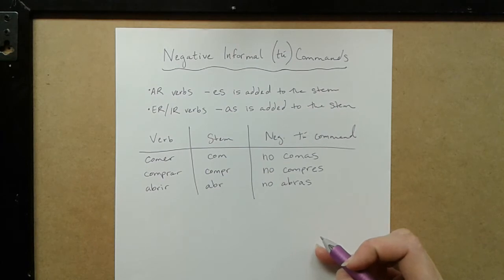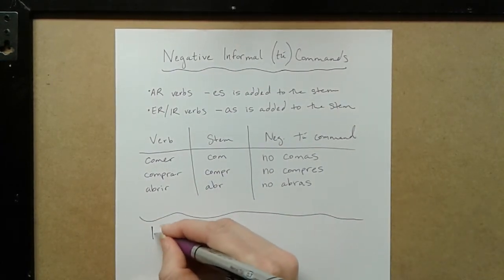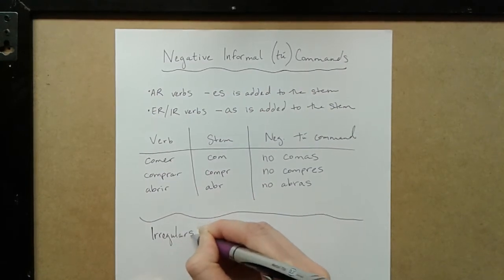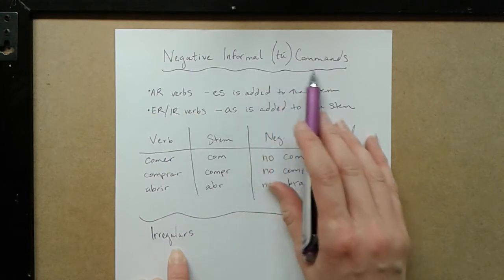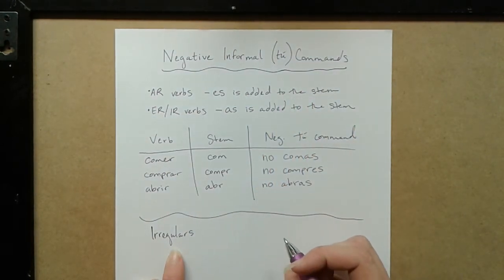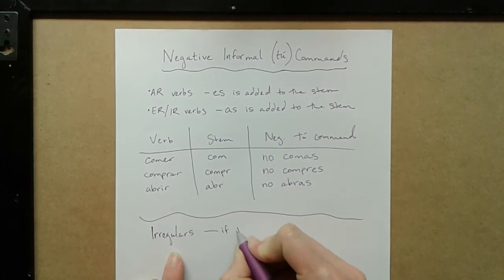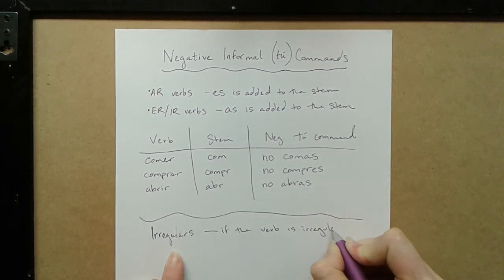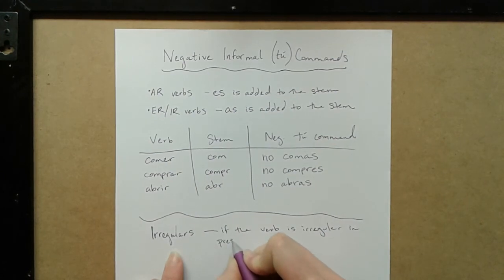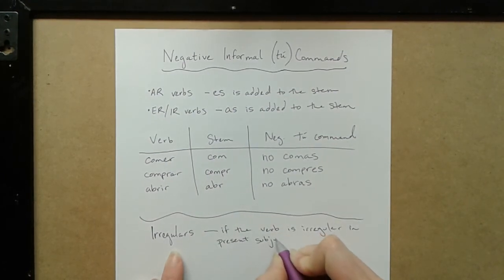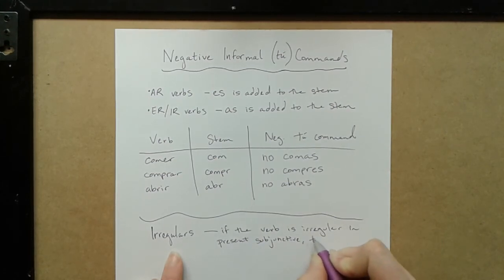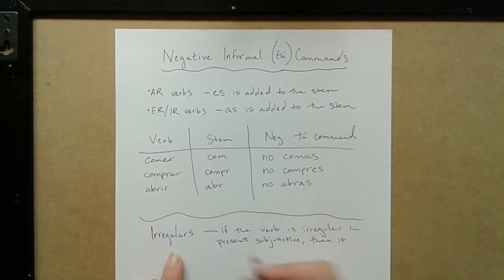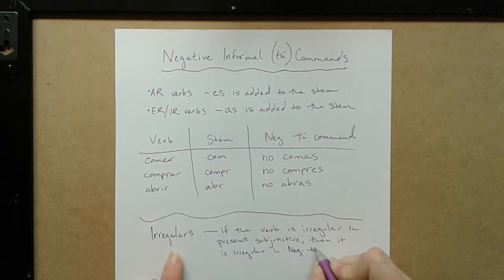Just a quick note about irregulars. There aren't a lot of irregulars in the negative informal tú commands, but the rule is if the verb is irregular in present subjunctive, then it will also be irregular in negative tú commands.